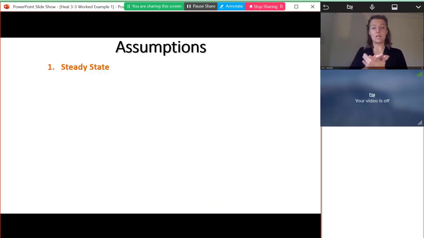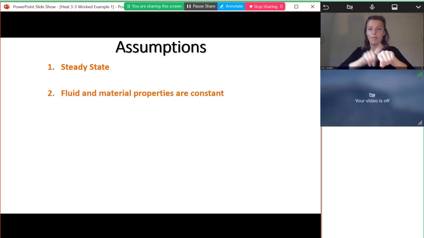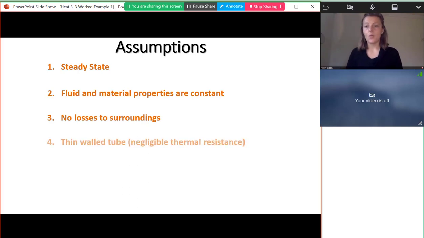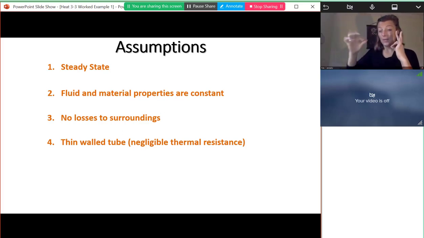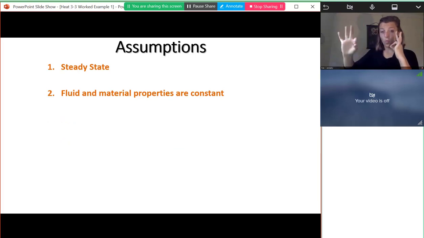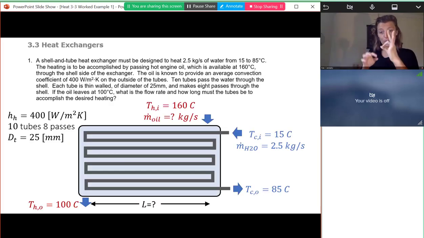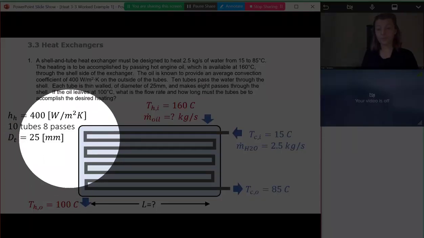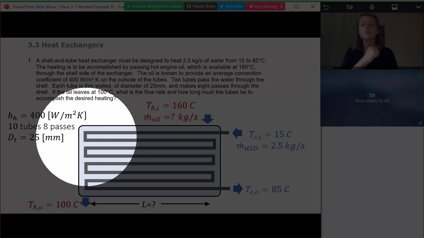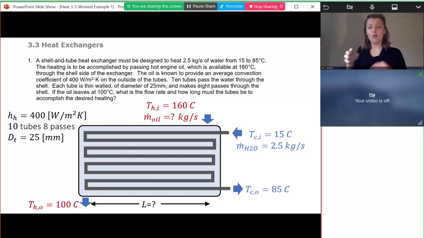So assumptions: we're going to assume that the problem is at steady state, that the fluid and material properties are constant, that there are no losses to the surroundings, and that the tube is thin-walled with no fouling. I don't think I wrote this on my assumptions list, but we're also assuming that the heat transfer on the ends where the tube is turning around is negligible compared to the rest of the heat transfer.